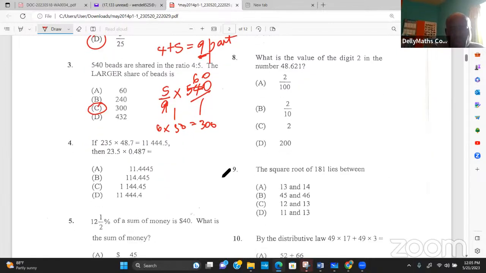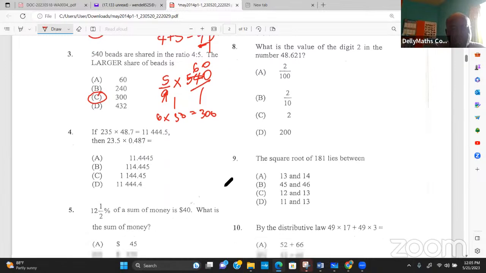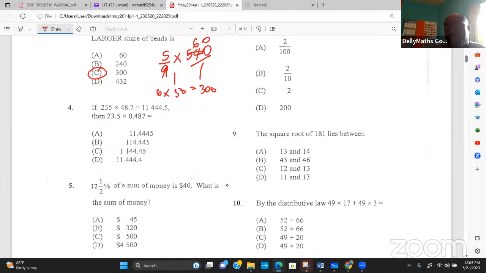Let's continue. Number 4 says if 235 times 48.7 gives us 11,444.5, then 23.5 times 0.487 is what?